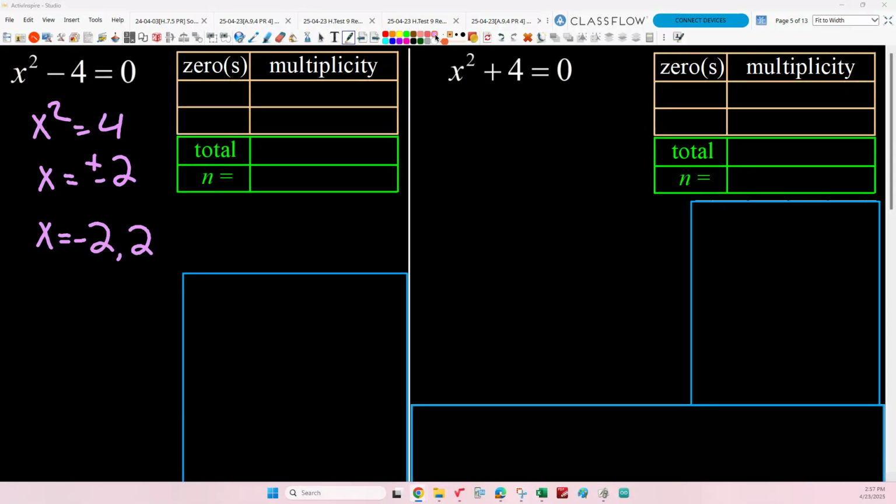So what are my different zeros? -2 and +2. So how many times is -2 a zero? Just once. How many times is +2 a zero? Once. How many total zeros do we have? 2. And what's the degree of our polynomial? 2. What do you think the graph looks like?